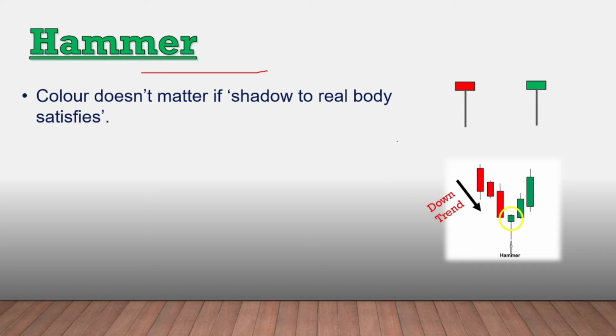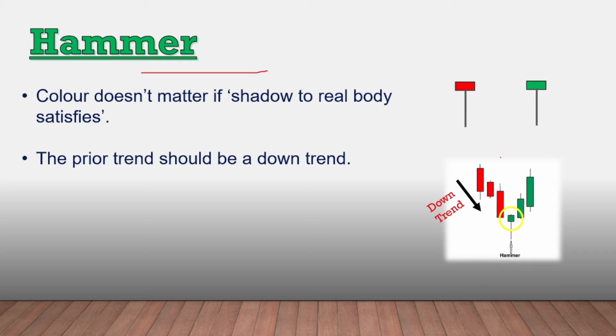Now let us try to understand some of the important points regarding the hammer. The prior trend should be a downtrend. If we look at this, the previous trend before the hammer forms is a downward trend. First, let us understand when we say a trend is a downtrend.